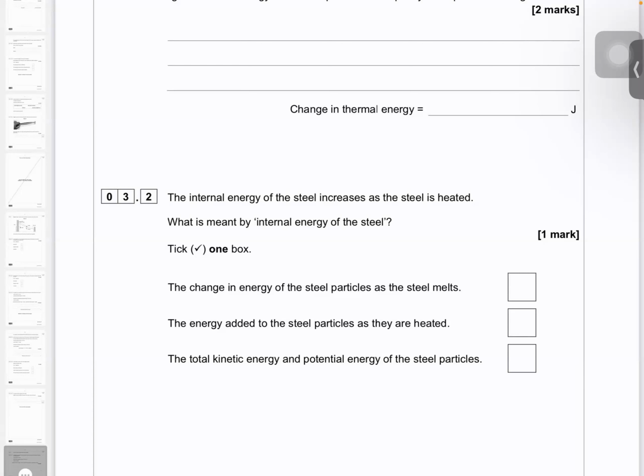I think I would go with the total kinetic and potential energy of the steel particles. But I think I would have gone with that middle one if there was no third one. But let's see, what does the marking scheme say?